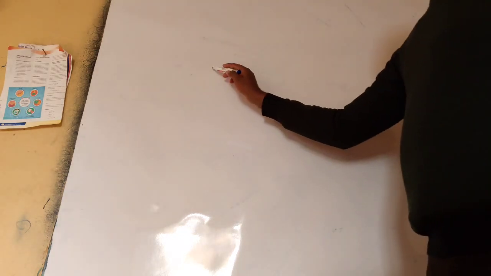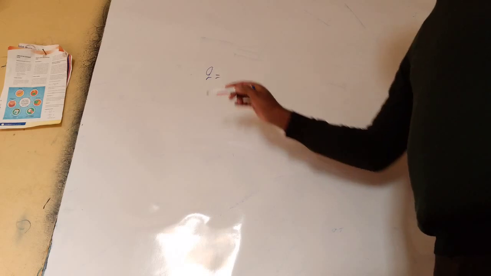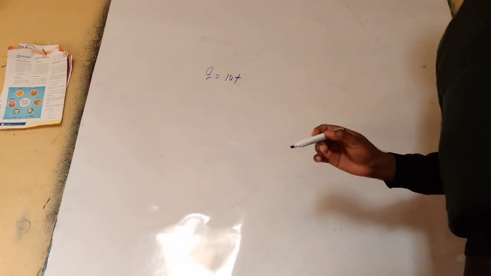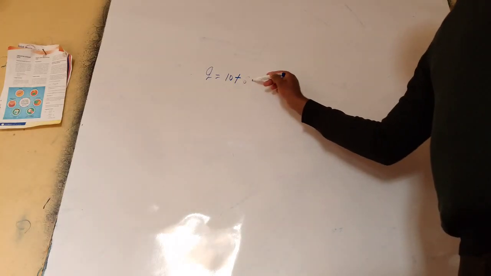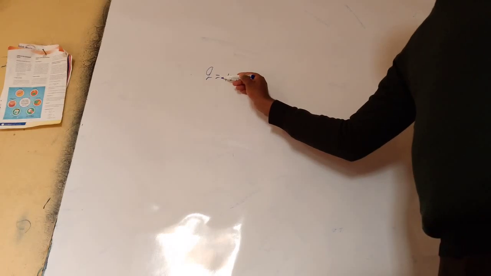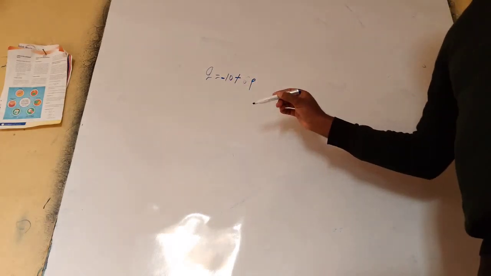Illustration here, November 2019, question number 1D. We are being told the following equations are given. Equation 1: Q is equal to negative 10 plus 6p.